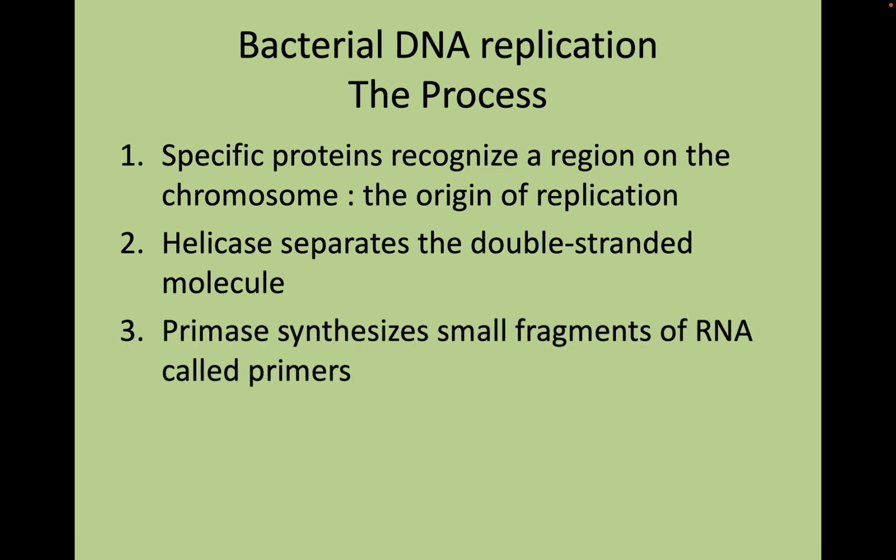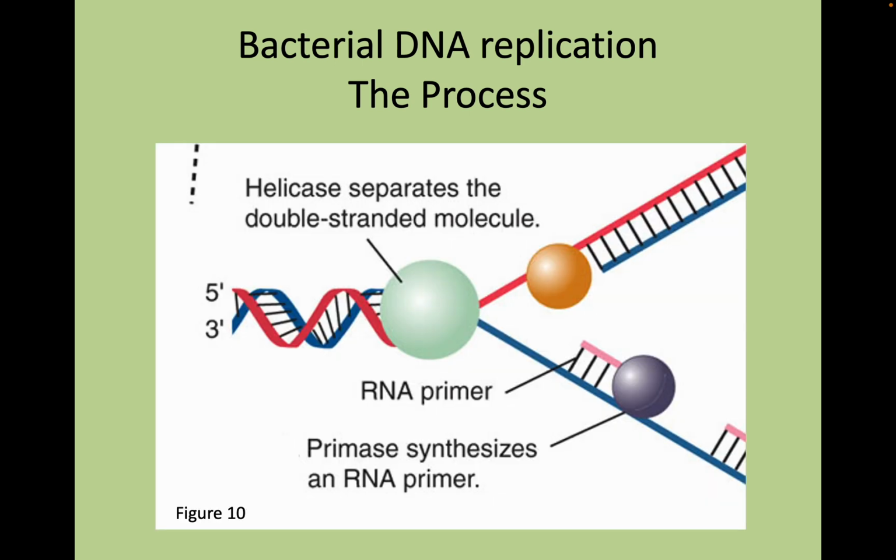Primase synthesizes small fragments of RNA called primers. Another enzyme, right? Primase. Good. So here we see helicase separates the double-stranded DNA molecule. Primase synthesizes an RNA primer, a short strand of RNA, to attach to the template strand.